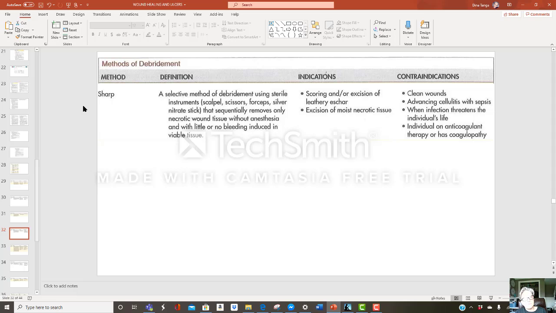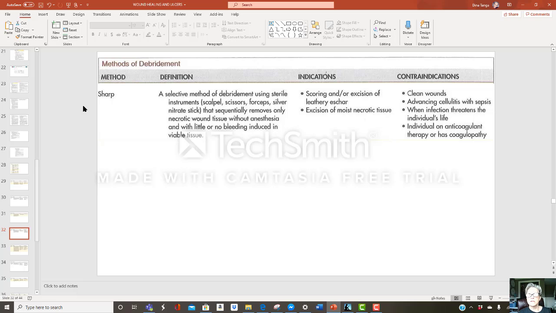Sharp debridement, a selective method of debridement using sterile instruments such as a scalpel, scissors, forceps, or silver nitrate stick that subsequently removes only necrotic wound tissue without anesthesia and with little or no bleeding induced in viable tissue.